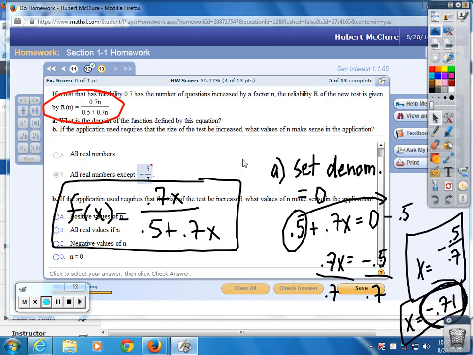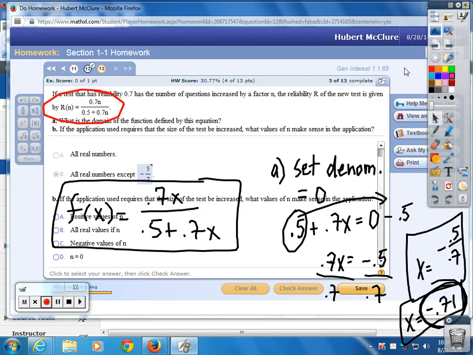That would be 10 times f of x is equal to 7x over 5 plus 7x. You have to multiply both sides. You can't just multiply one side. So I would go with, I mean, you got the answer. I'm not worried. I just don't understand how they got the whole numbers without going through and clearing everything.